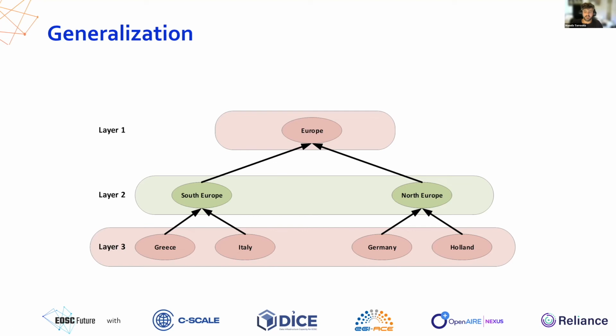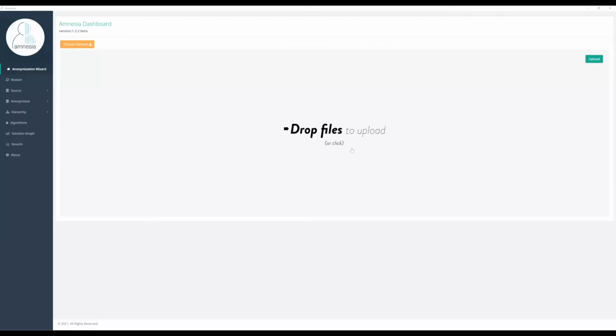I think I can take 3 minutes and show you a quick demo of the Amnesia tool. There are more detailed tutorials in videos online if you're interested, or you can send me an email.